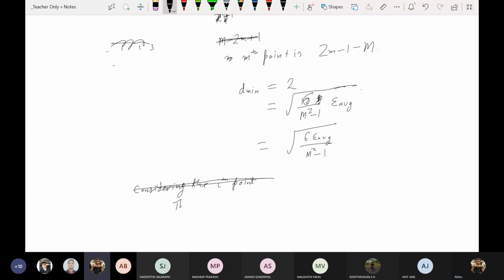This constellation has two types of points.